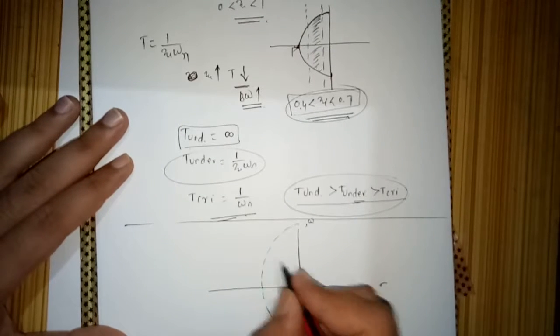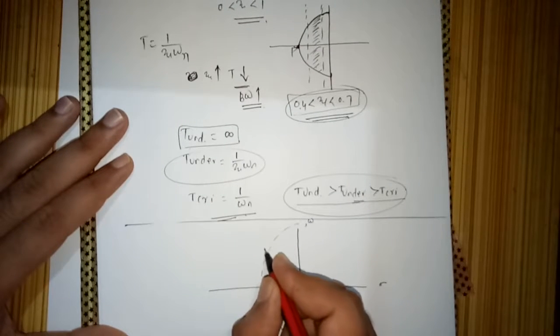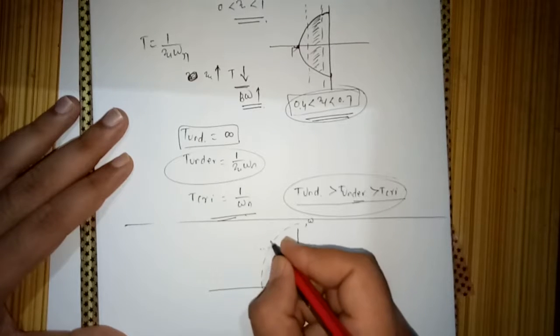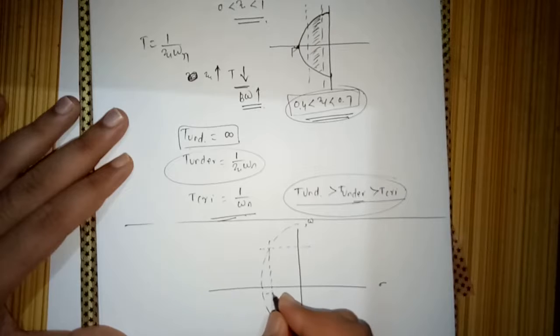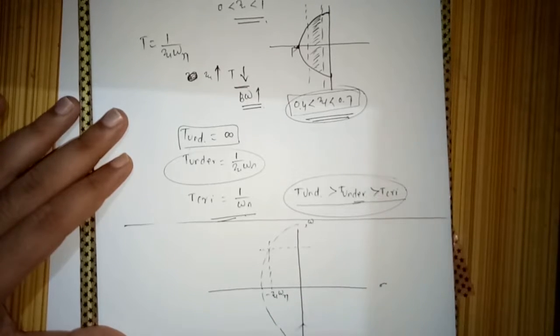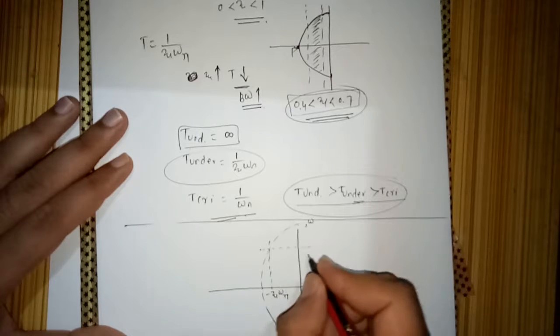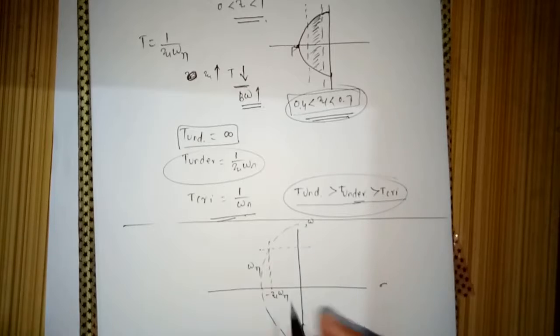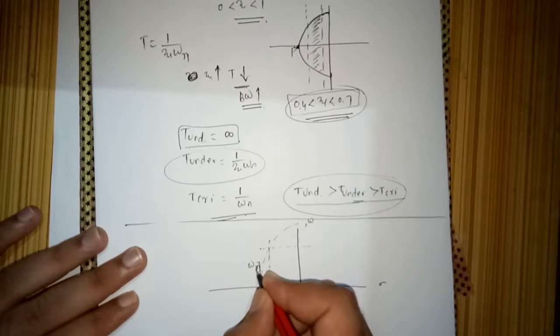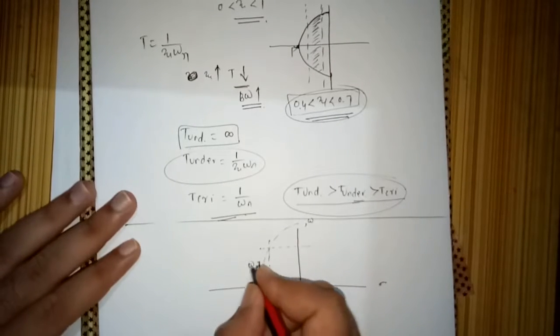If I draw it, this point is minus zeta omega n, and this is omega d, my damped frequency.